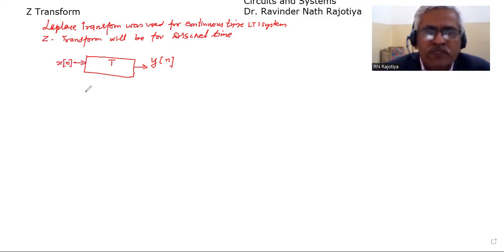For a LTI system, and here the LTI system is a discrete time LTI system represented by T, whose response, that is y of n, can be written as some transformation on this signal.